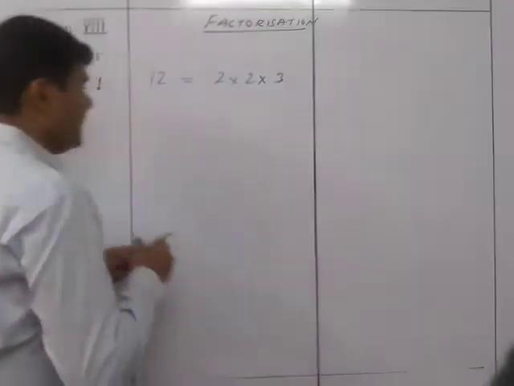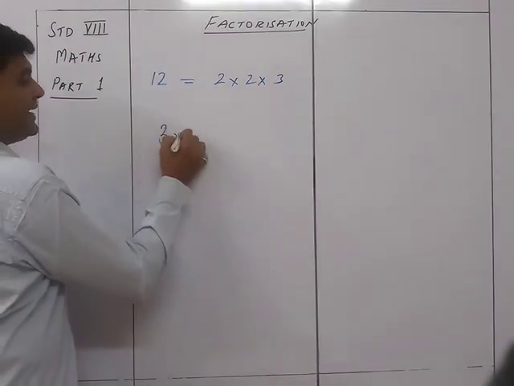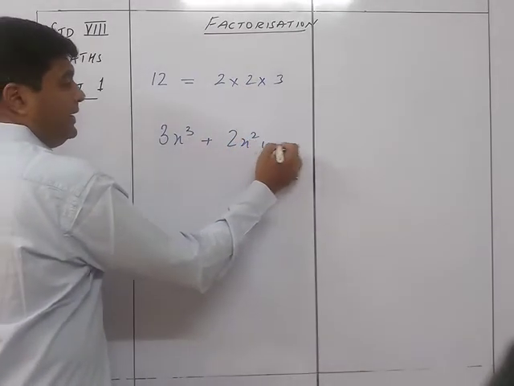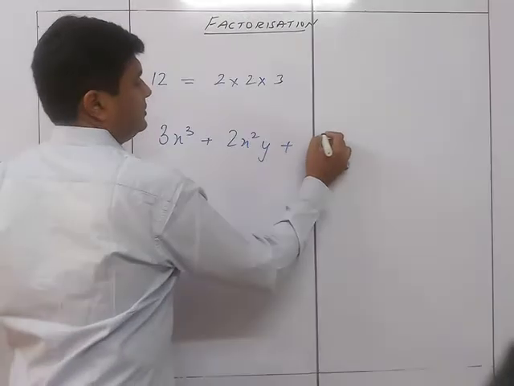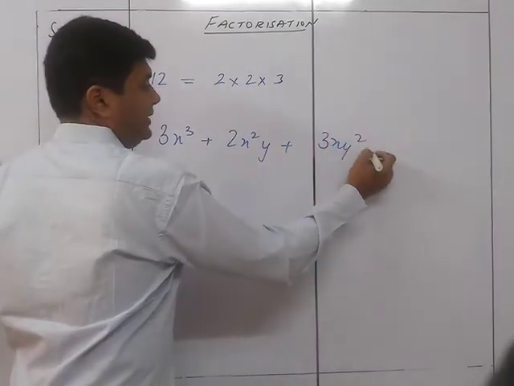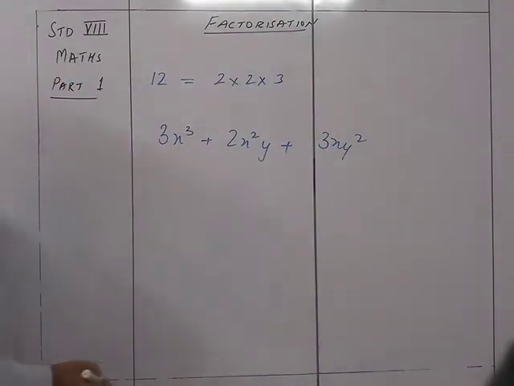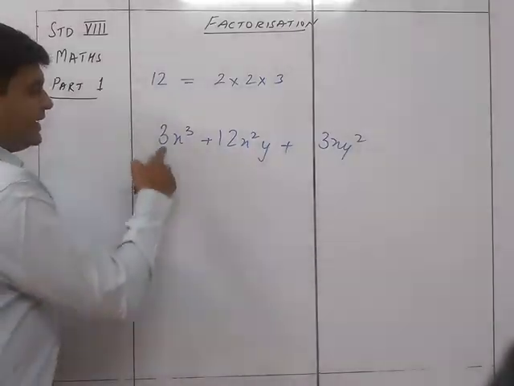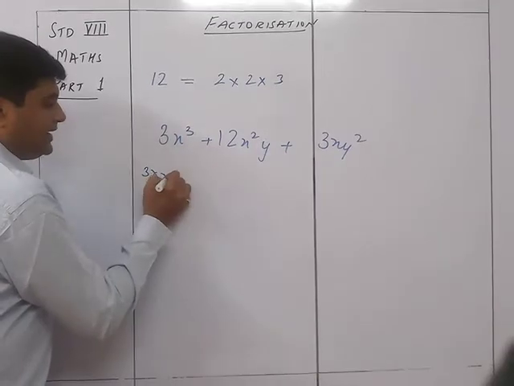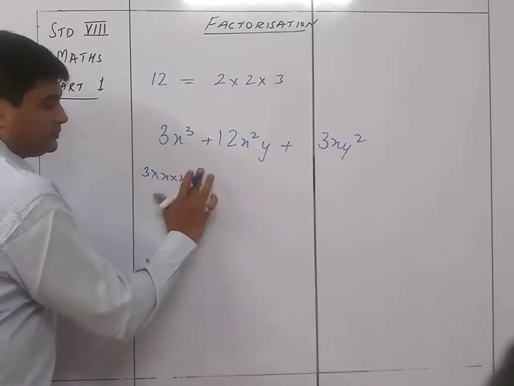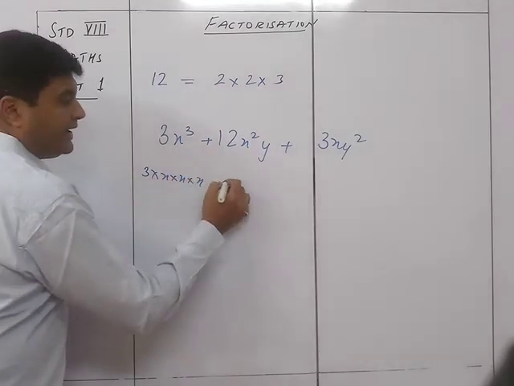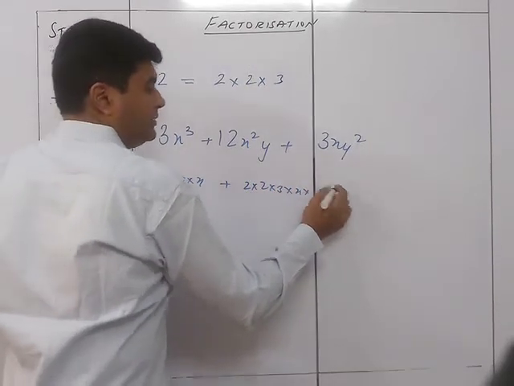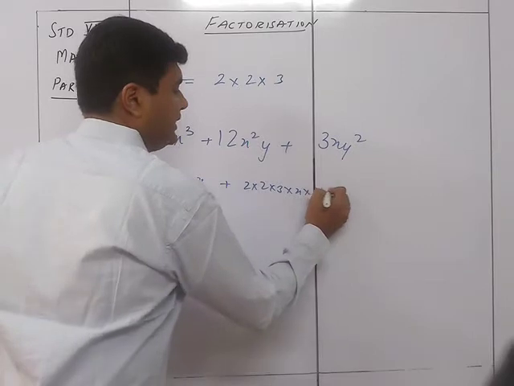For example, if I have got 3x cube plus 12x square y plus 3xy square. Now I can see over here, this is 3 into x into x into x. This is 2 into 2 into 3 into x into x into y.